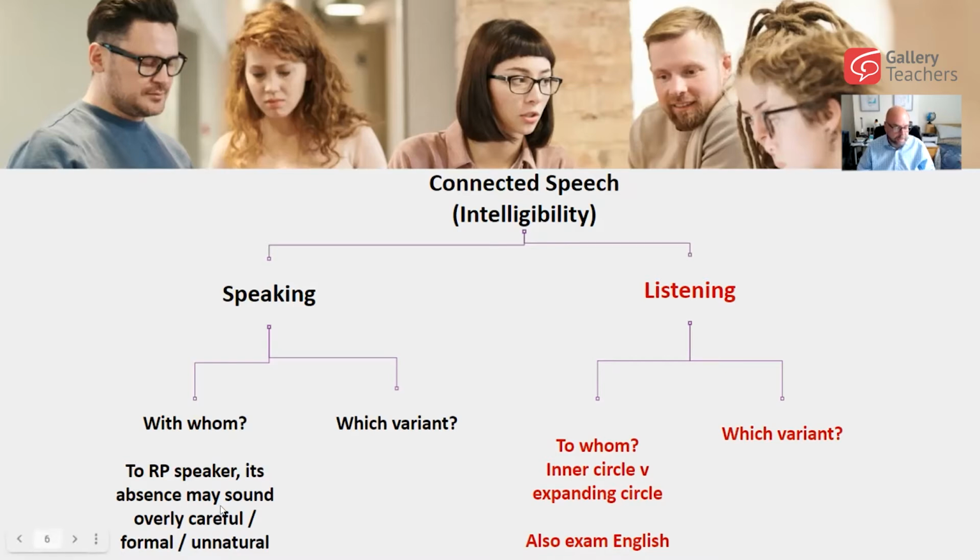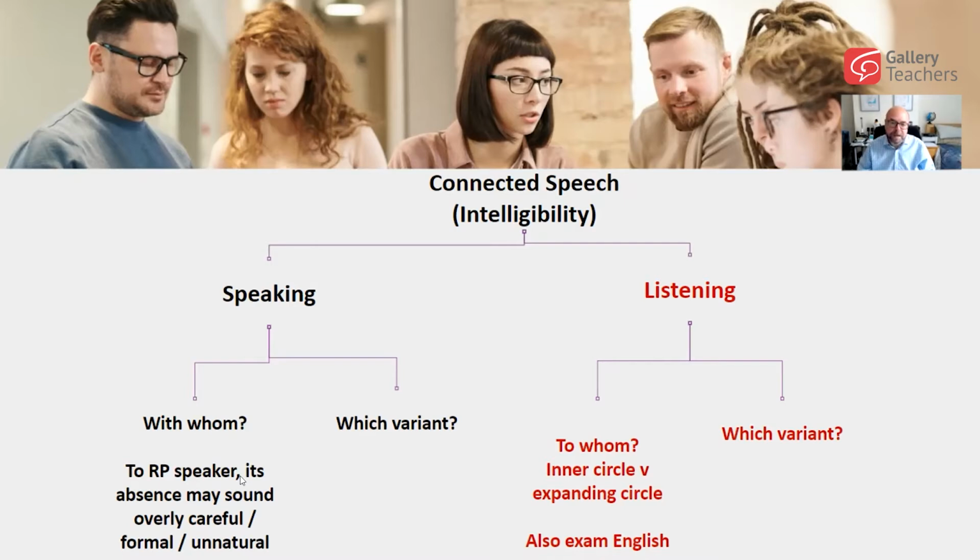And likewise, it's also been suggested that if you have students in the UK, at least, that if connected speech doesn't feature in how they pronounce the language and they speak like this all the time, each word is pronounced very carefully and enunciated very clearly, you're going to get students who simply sound very unnatural.